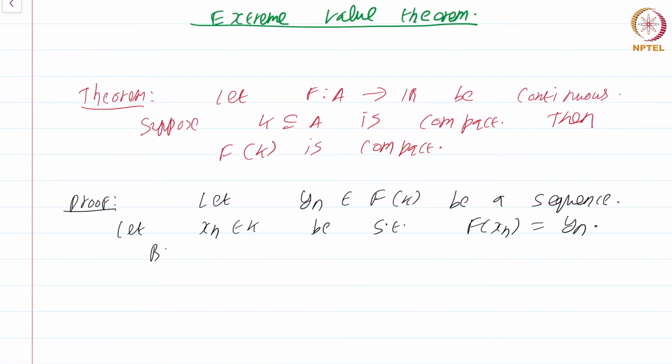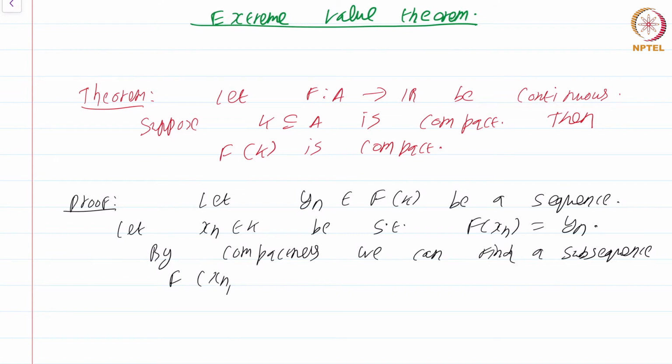By compactness, we can find a subsequence x_{n_k} that converges to x in K.